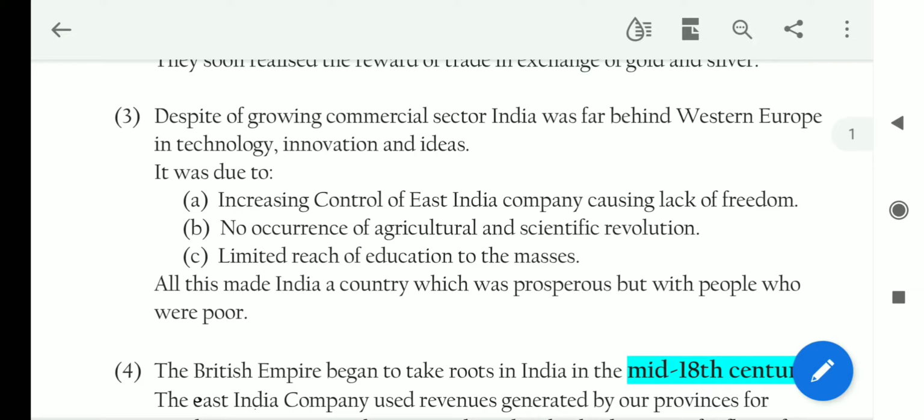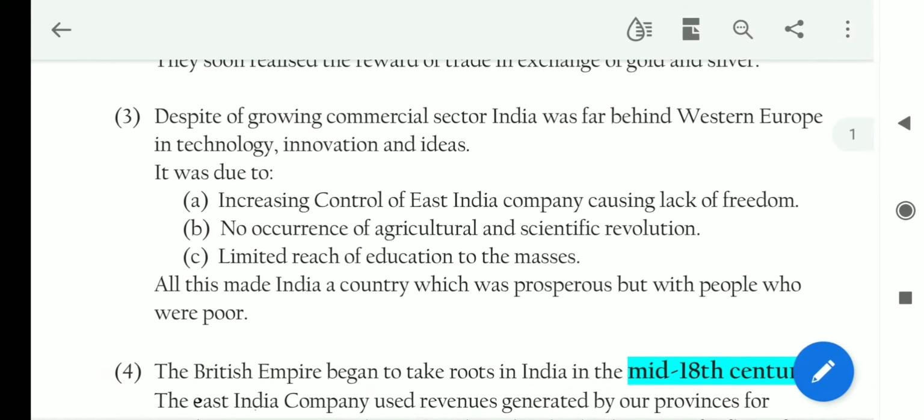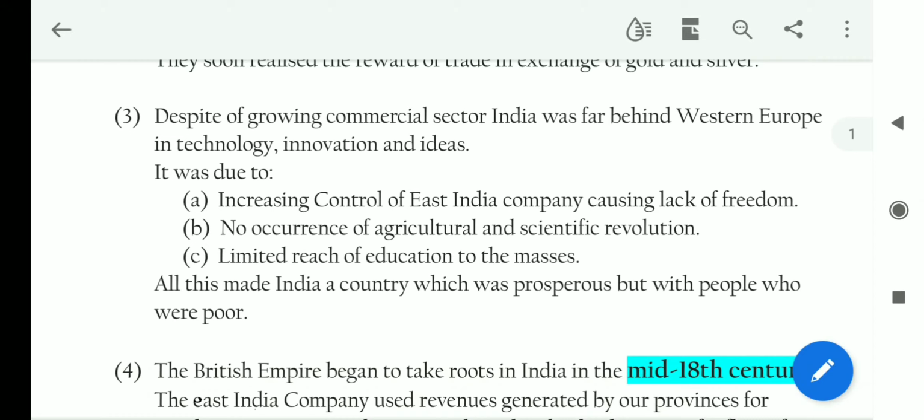Then second reason, no occurrence of agricultural or scientific revolution. There was no development or revolution in the field of agriculture or science, or space and all. So that led to less development in technology, innovation and ideas. Then third, limited reach of education to the masses.